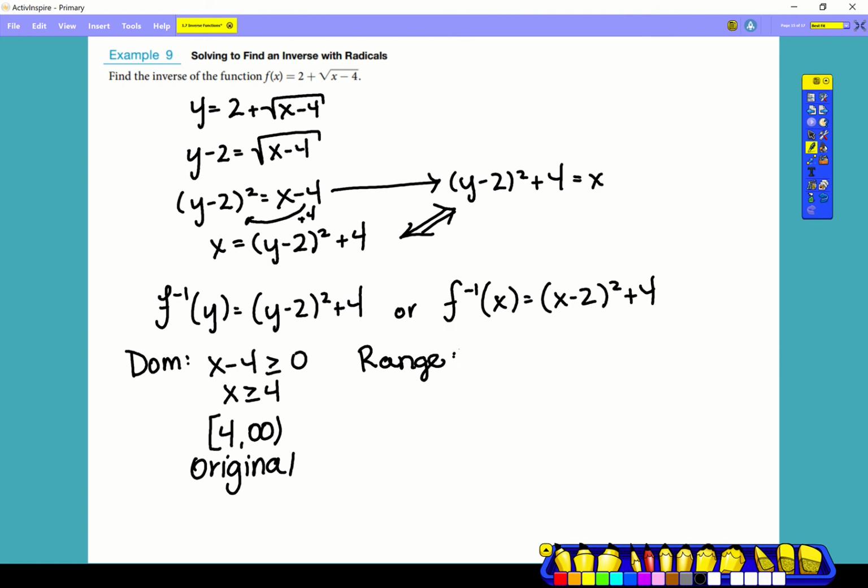Output values of y for a square root function. If we had just a square root function, our output values of y would never be less than... what was I going to say?